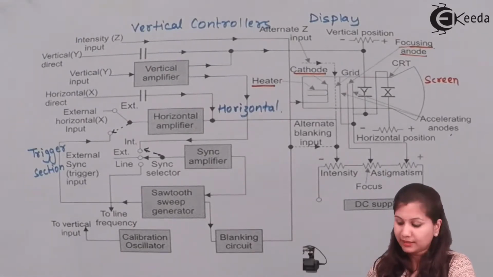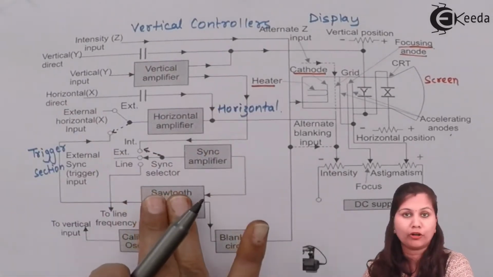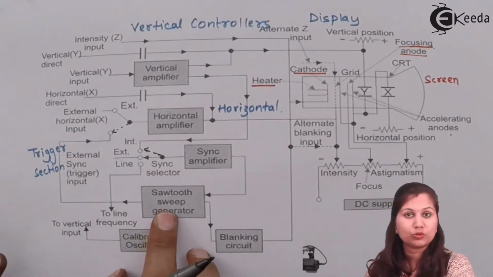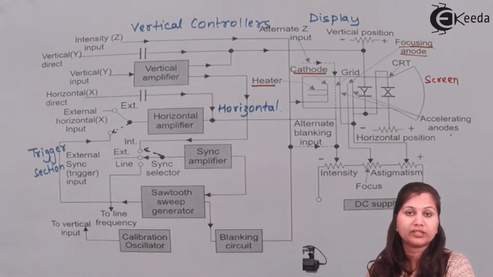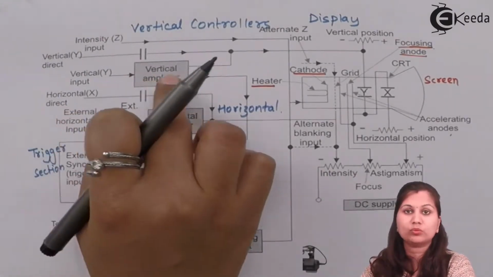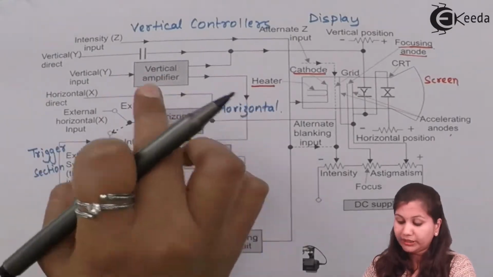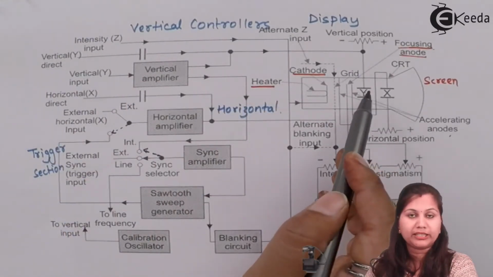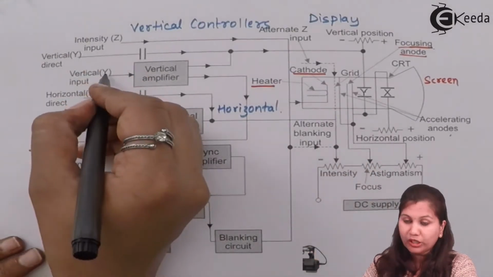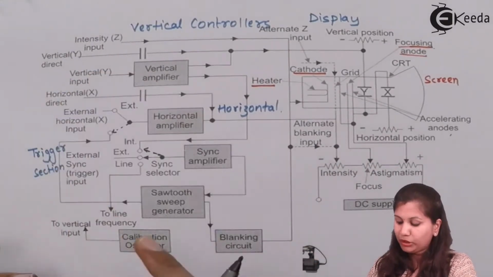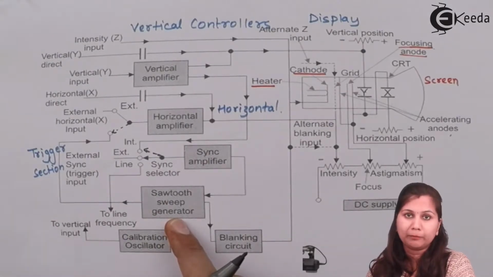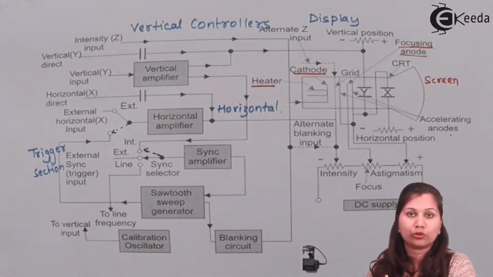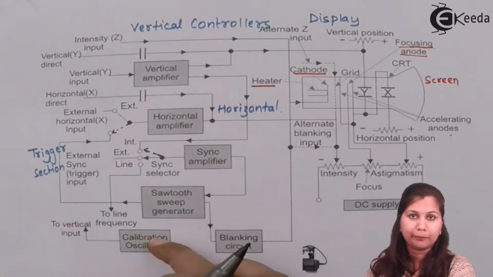Synchronization is very necessary between the vertical input and the horizontal input, so that the sweep generator generates the sweep at the same time when the vertical input is given to the vertical deflection plates. So when the vertical input is produced, at the same time the sweep also has to be produced. So the synchronizing amplifier provides the synchronization between the two inputs.